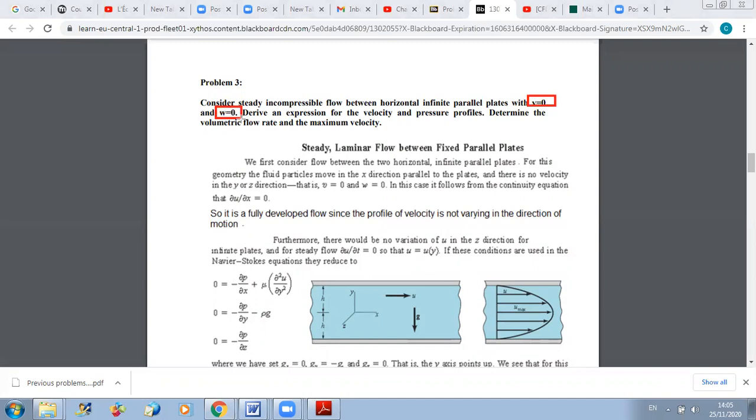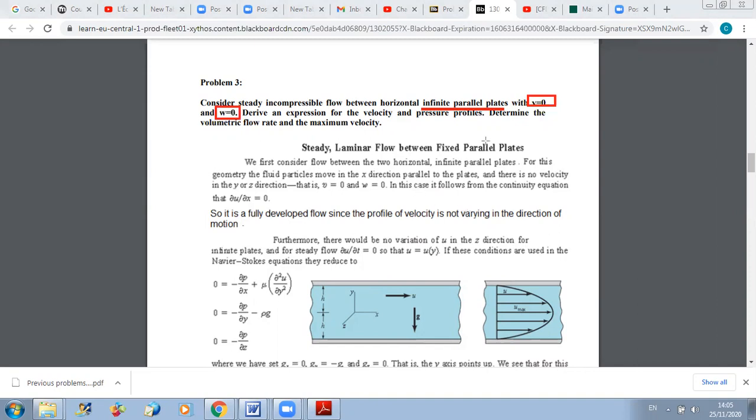Sometimes instead they can say that whenever you have infinite parallel plates, in the direction where the plates are infinite, you will not have a velocity because you don't have any constraints.